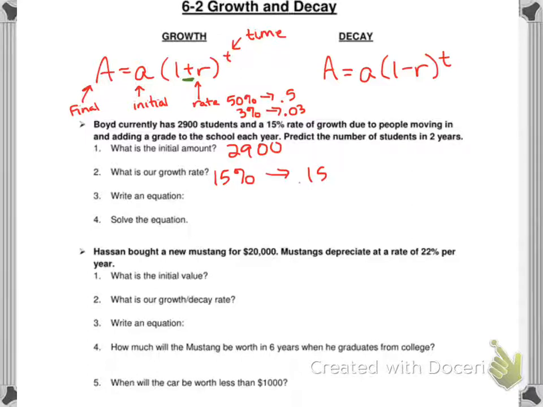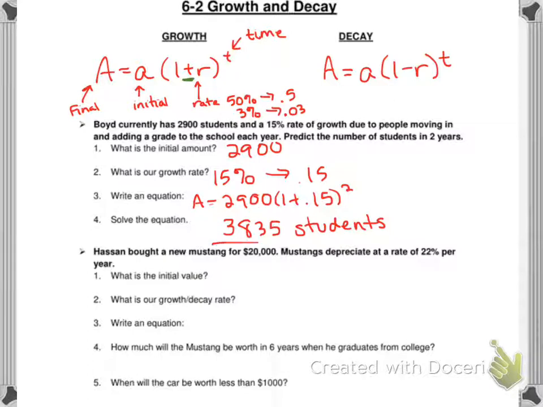So my equation would be A equals 2,900 times 1 plus 0.15 to the 2 power, because I want 2 years. Now I can type all that in my calculator, and my answer is 3,835 students.